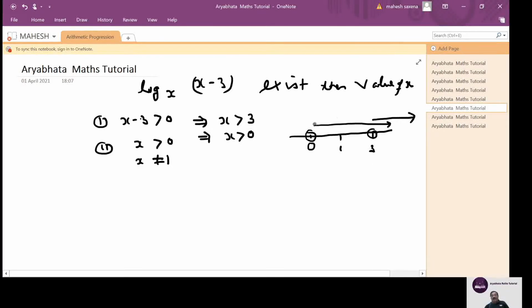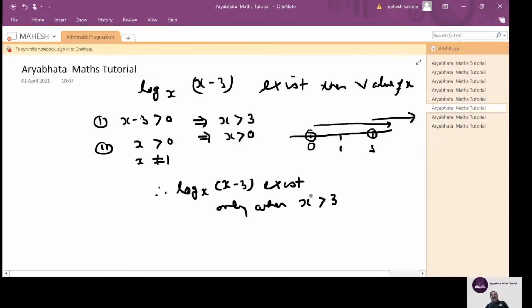Now the common values coming is that x is greater than 3. Therefore, log base x of x minus 3 exists only when x is greater than 3.